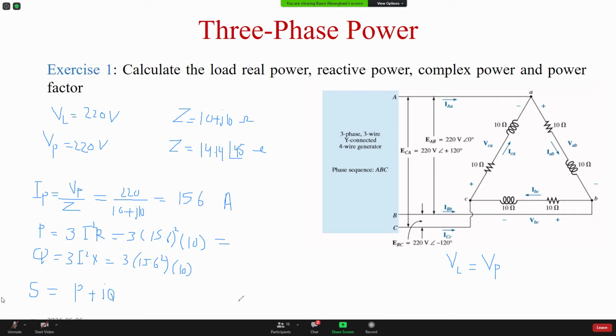Then I'm going to find the apparent power, which is the square root of P squared plus Q squared, the right triangle. Then power factor is P over S. Now the power factor is going to be 0.707. And here, because it's inductive, it's going to be lagging.